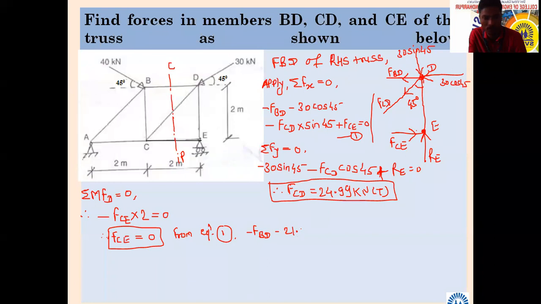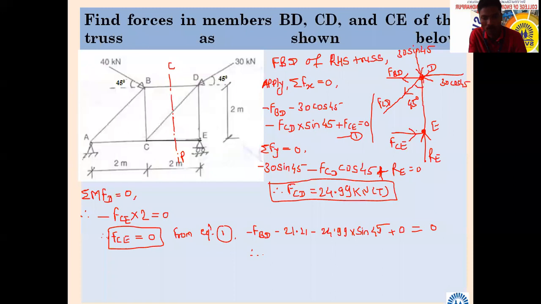So 21.21 minus FCD, which we found as 24.99, into sin 45, plus FCE 0 plus 0 equal to 0.